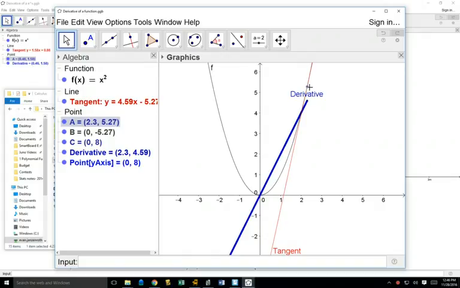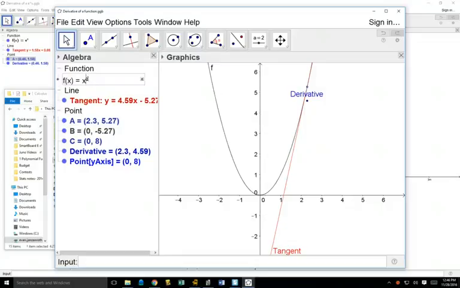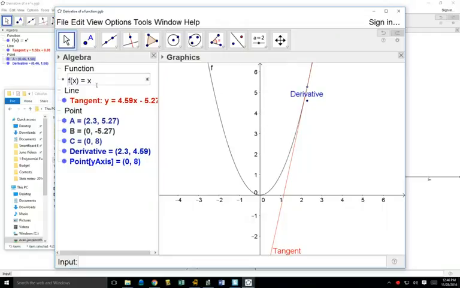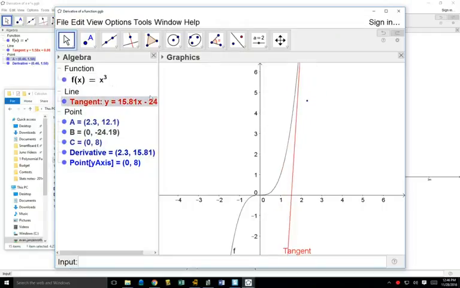If I changed my original function to x cubed, so let's clear everything here. That's not a cubed. That didn't work either. There we go. There's x cubed.